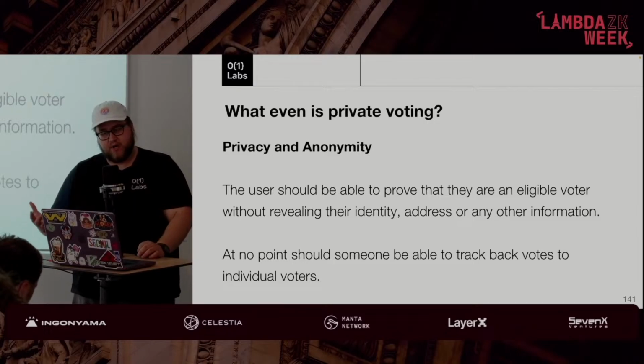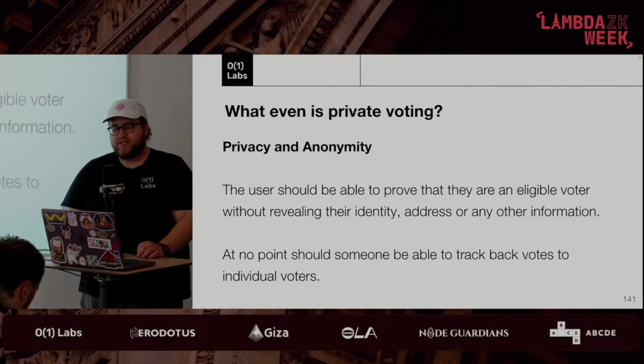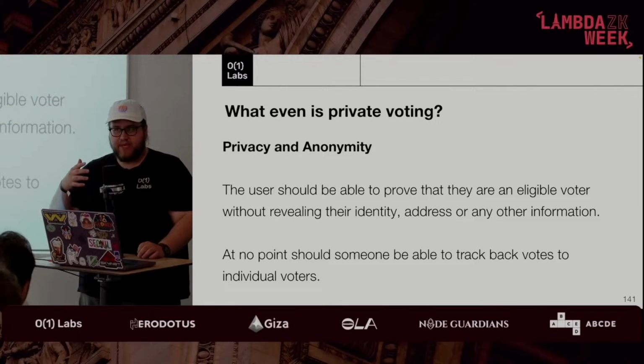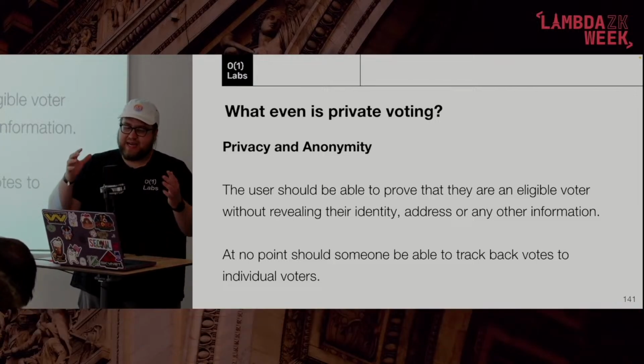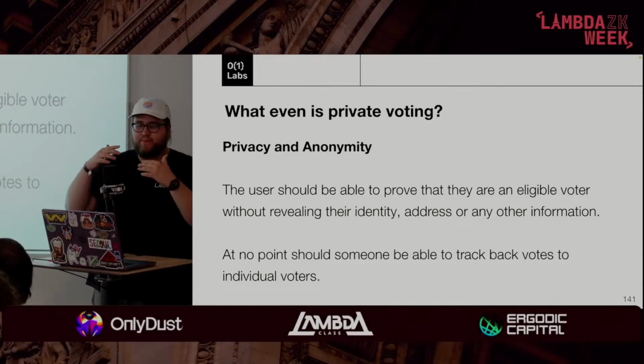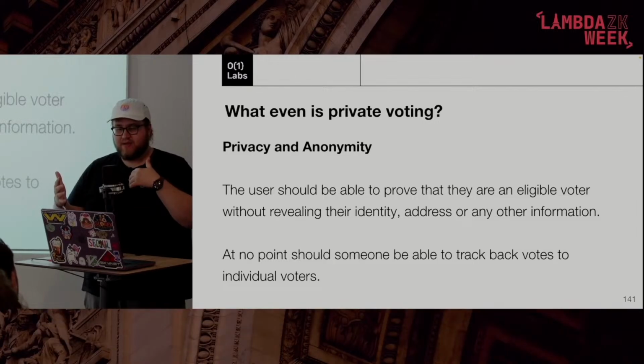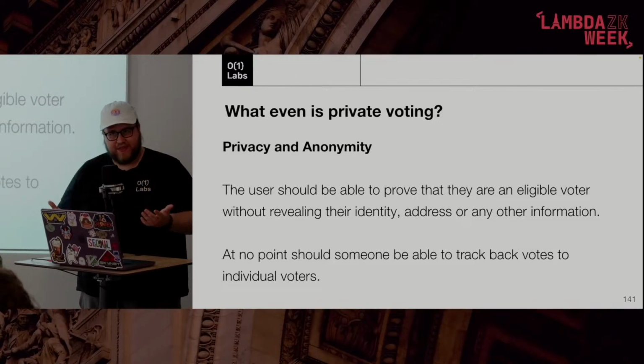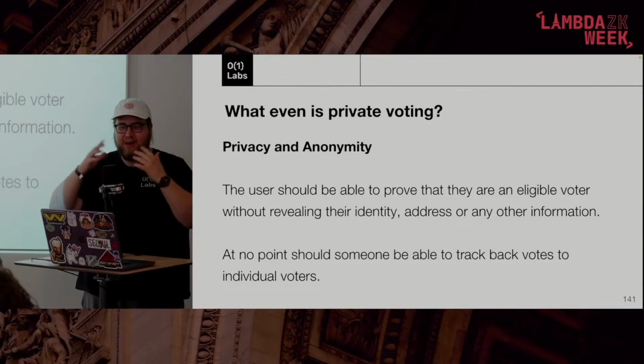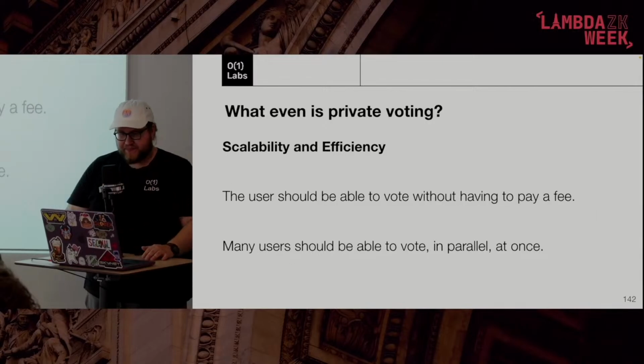If I cast a vote on the blockchain, it shouldn't be traceable back to a certain user's identity, be it their exact identity or even their voting weight. We don't want to differentiate between voters that only have 1 Ethereum and voters that have a massive stake.